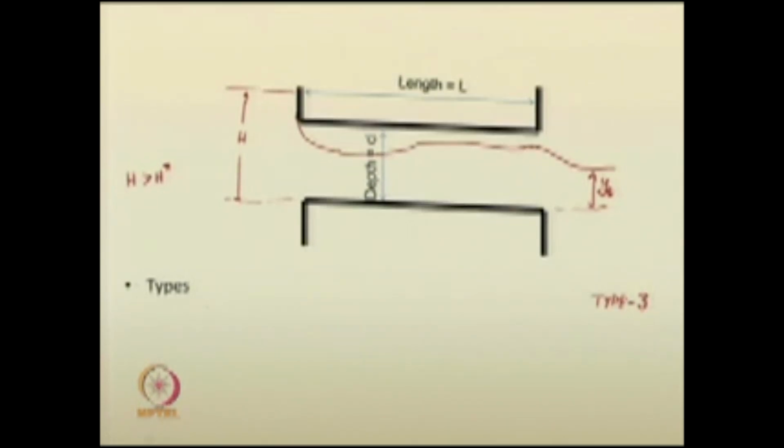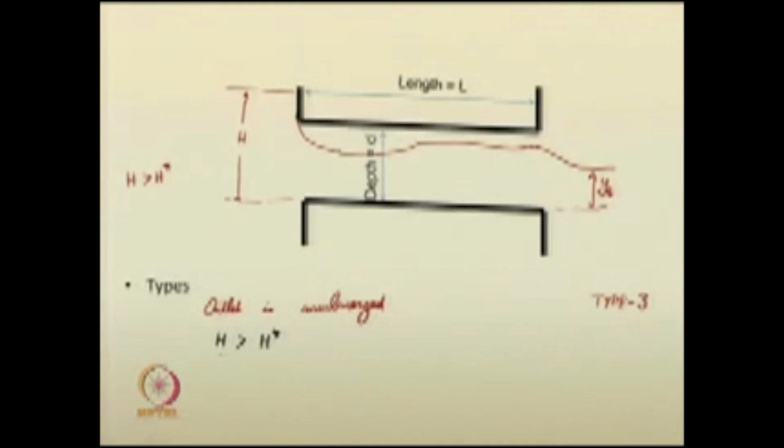Here the outlet is unsubmerged, and you have H greater than H star. H is greater than H star, outlet is unsubmerged.